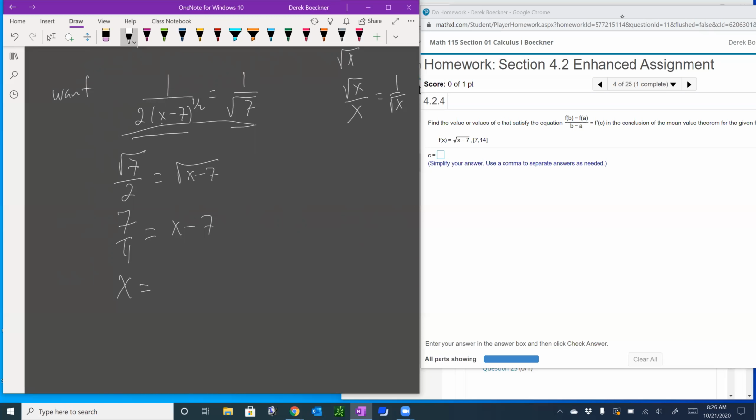X equals 7 plus 7/4, which is 35/4. 28/4 plus another 7/4 is 35/4.